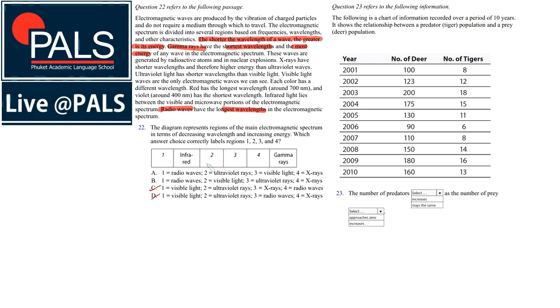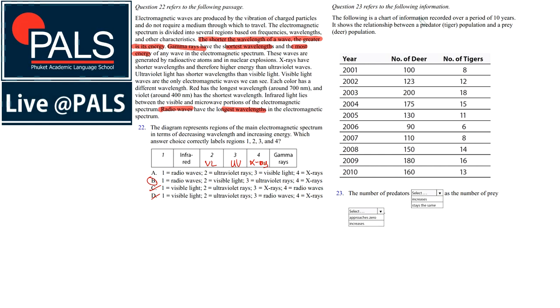Then comes the ultraviolet light, and then come the X-rays. So 1 radio, 2 visible, 3 ultraviolet, 4 X-rays.